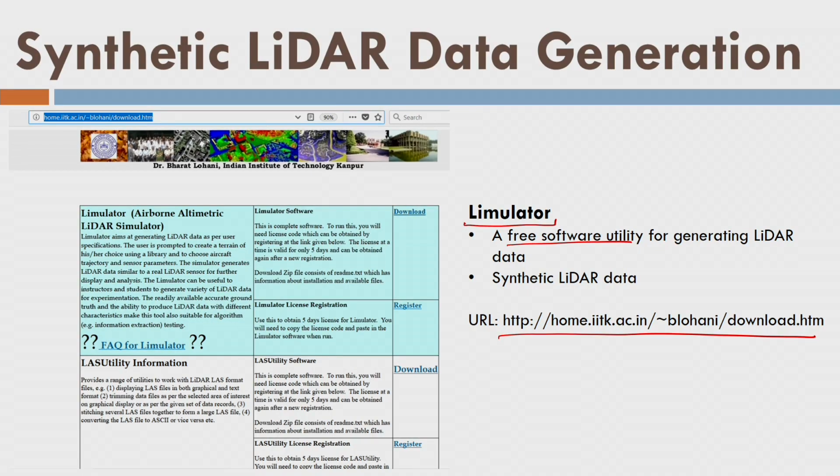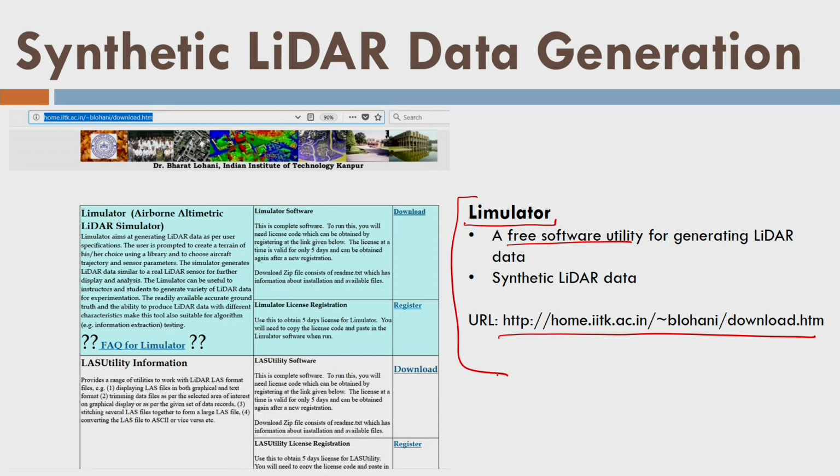And then you can see what kind of data you get, the synthetic data, and then you can understand how you can play with that laser data. So that is the best utility available today, and that is free also. So use the Limulator, try to get some hands-on experience on that. It's very easy, right? So with this, we understand how to acquire the airborne LiDAR data.